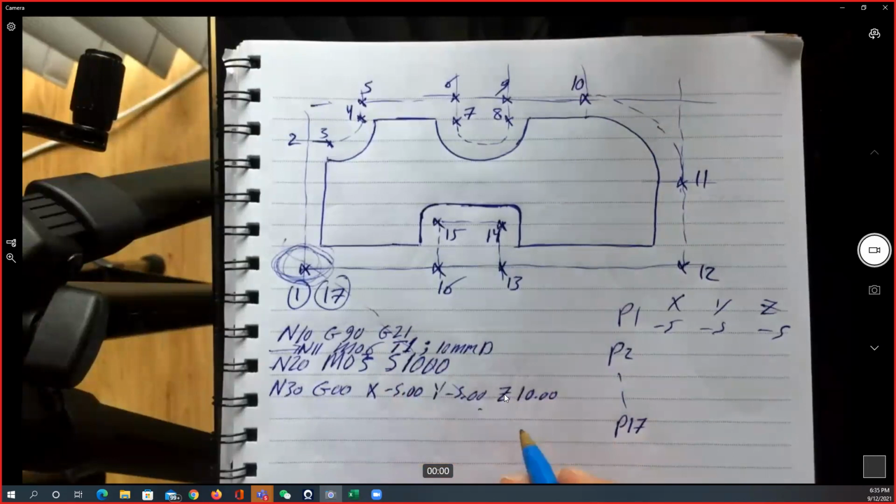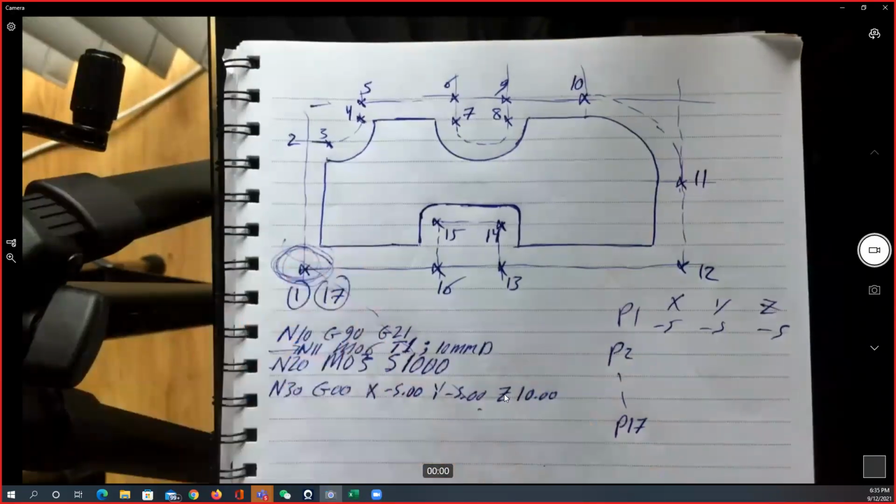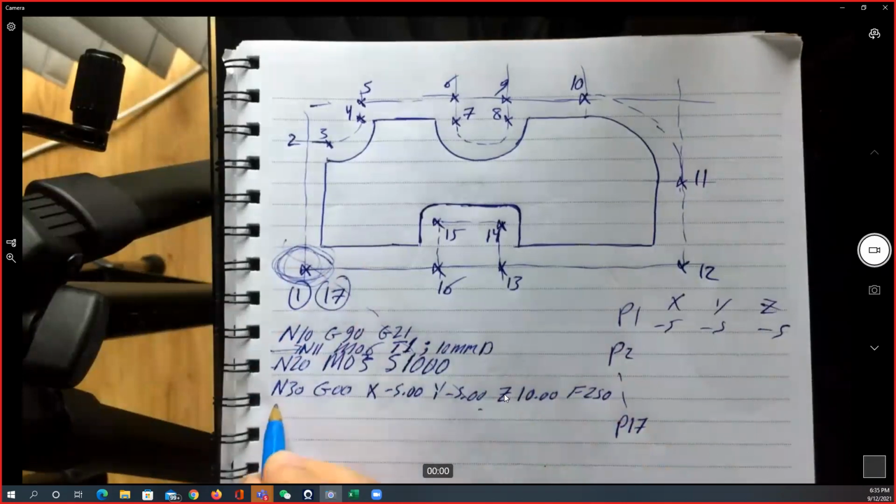So I'm going to take my cutting tool above this position, moving up the level by 10 millimeter height. We can actually put something here saying that the feed rate is going to be 250, and the machine will understand this is 250 millimeters per minute. Line number 3: we are going to go down to the level of -5.